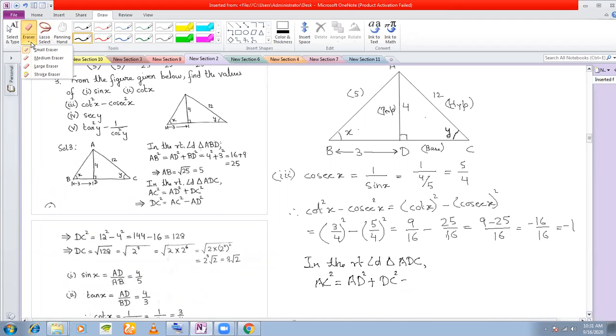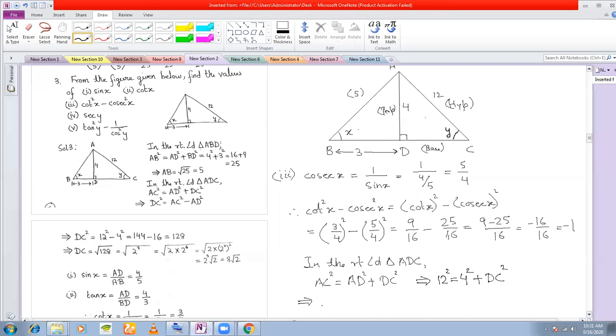We need to calculate the length of DC. So we put whatever is given to us. AC is given to us as 12. AD is given to us as 4. And therefore we need to calculate DC.